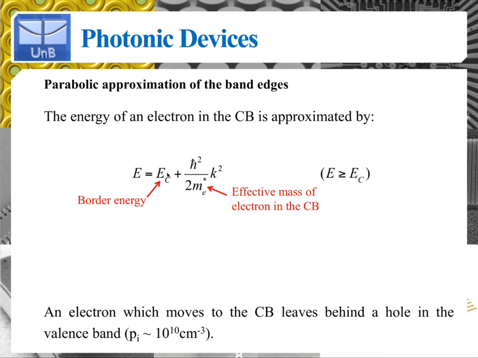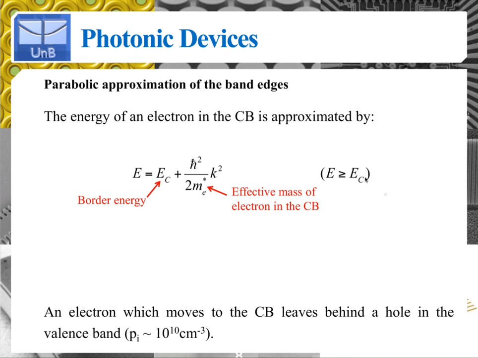So this describes a parabolic equation. E_C is the energy at the bottom of the band, and m star is the effective mass, in this case for the electron. So this would describe the conduction band for E larger than the band edge.